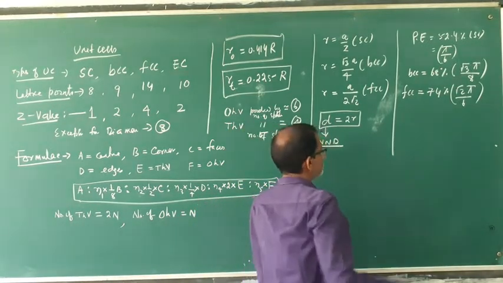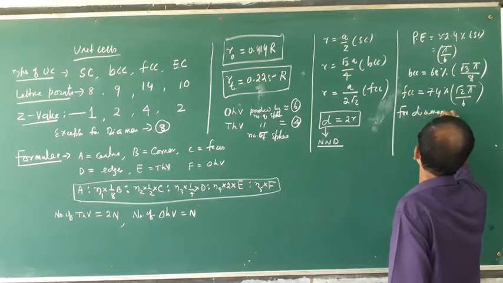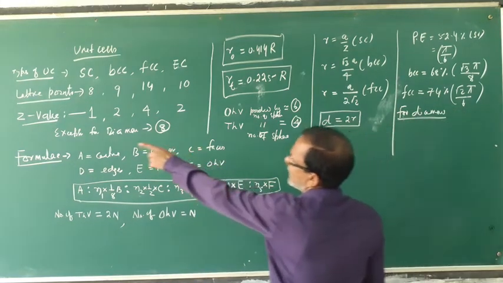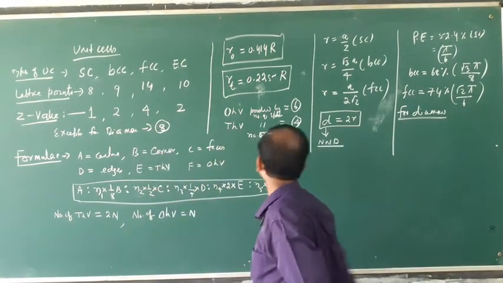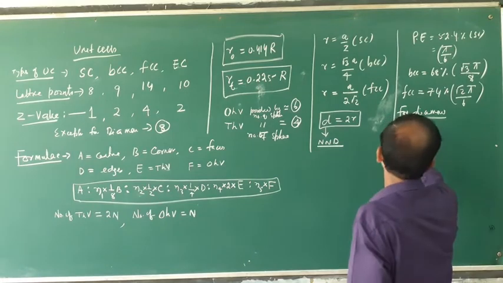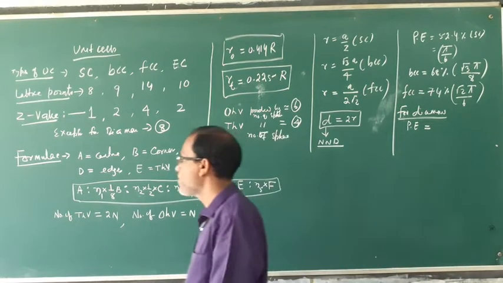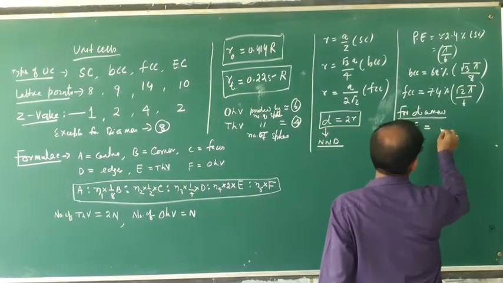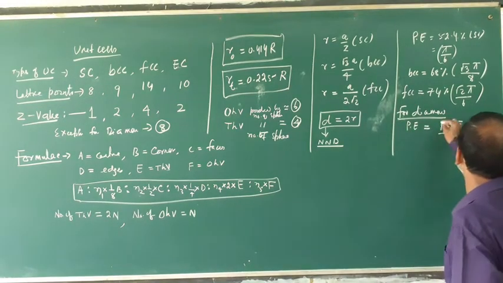Very exceptional is diamond. For diamond, very important, the Z value is 8. But for other types of unit cell, the Z value is different. Similarly, for diamond, the packing efficiency is root 3 pi by 16. That is the fraction.